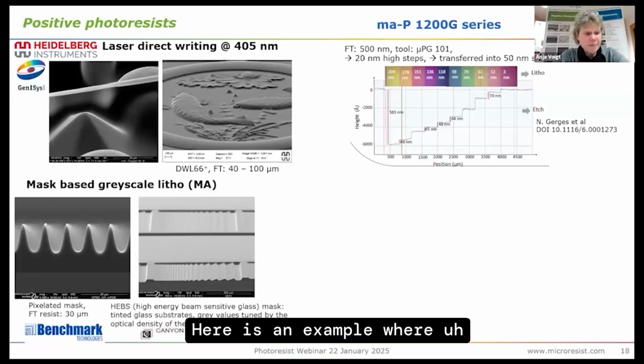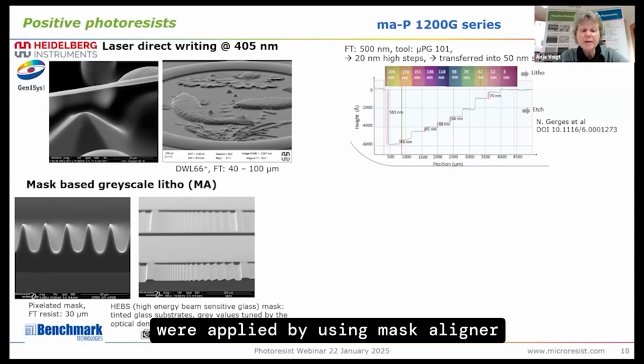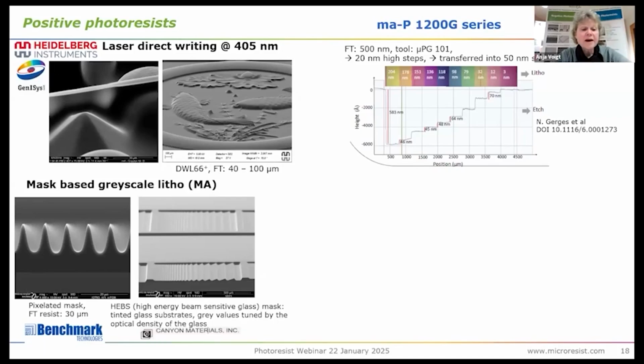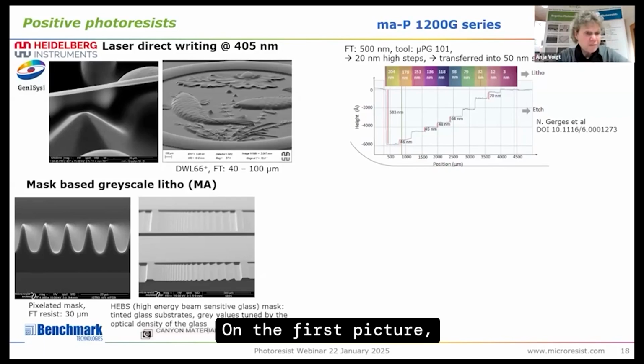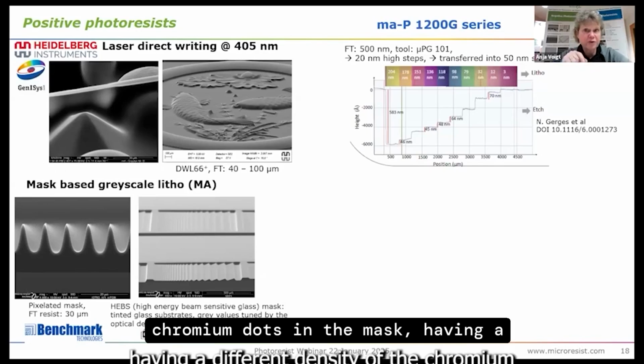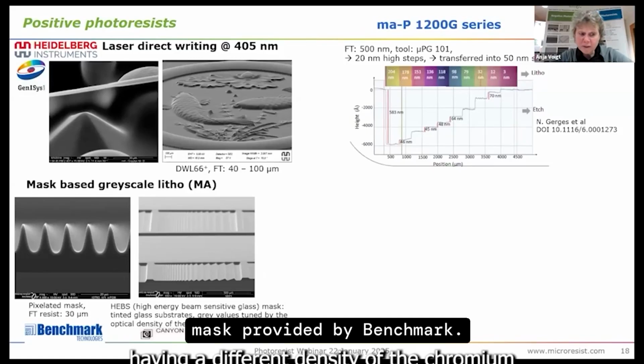Here is an example where mask-based grayscale lithography was applied by using a mask aligner and a grayscale mask. On the first picture, we used a pixelated mask having chromium dots in the mask, having a different density of the chromium mask provided by Benchmark.